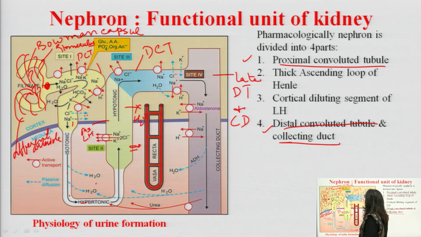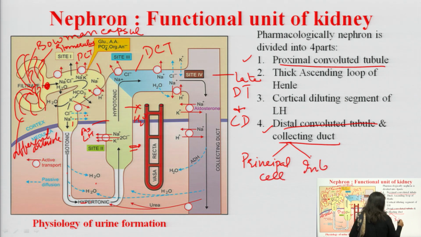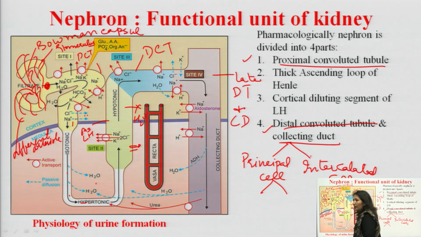Here there are two types of cells: number 1, principal cells, and number 2, intercalated cells. The function of the principal cells is regulated by antidiuretic hormone and aldosterone.